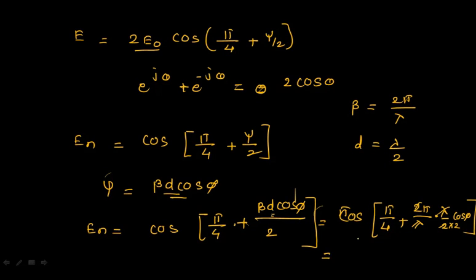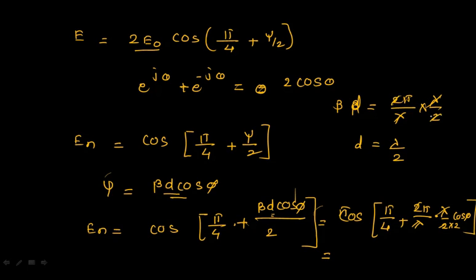Finally, I just check whether I have taken all these things. Now here I need to take care of beta d also. So what is beta d? Beta d is 2 pi by lambda, and then my distance is lambda by 2. So this lambda will get cancelled, 2 will get cancelled.